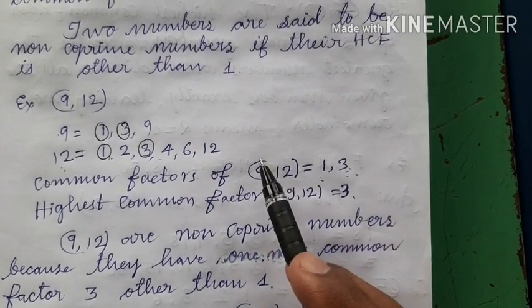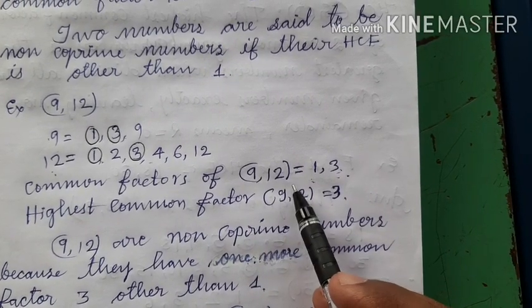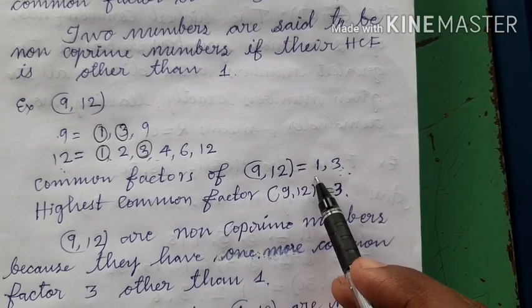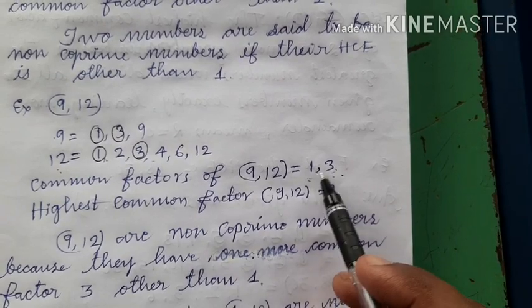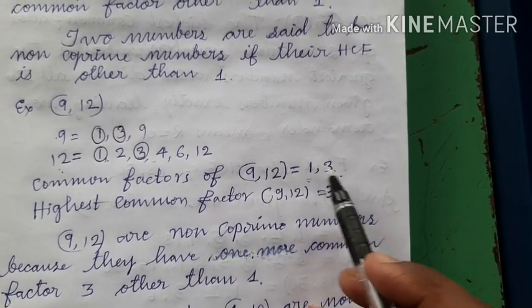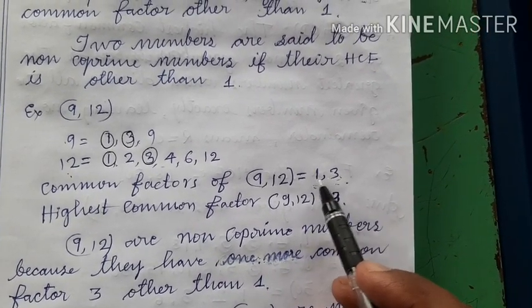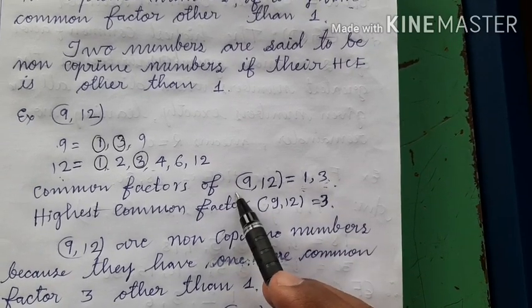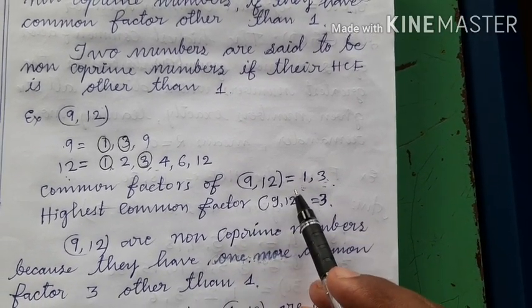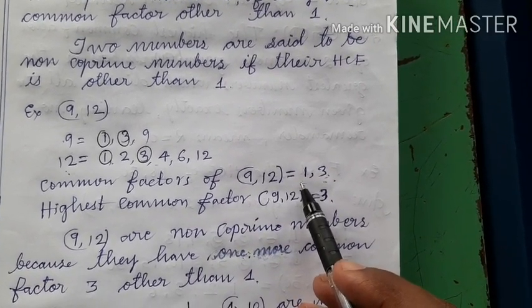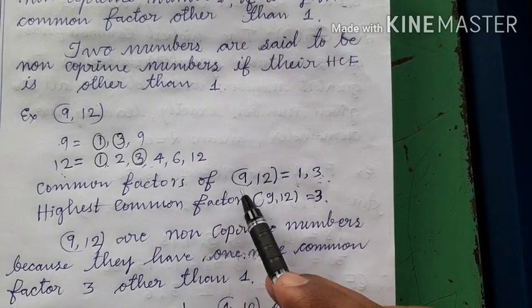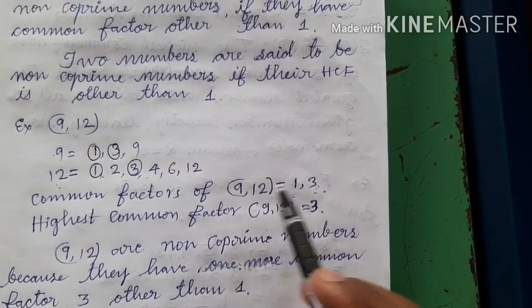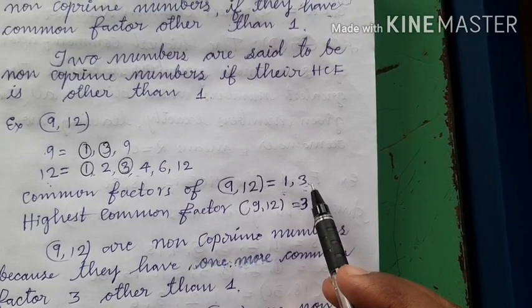This means the numbers 9 and 12 have the common factor 1 also, and they have a common factor other than 1 also. If any two numbers have a common factor other than 1, then they are called non-co-prime numbers. And if I ask you to find the HCF of these numbers, what will you get?